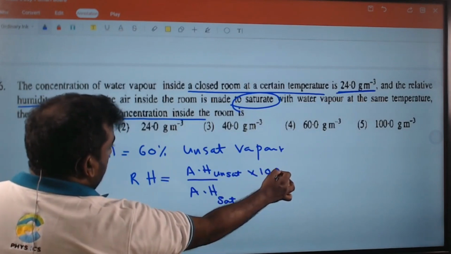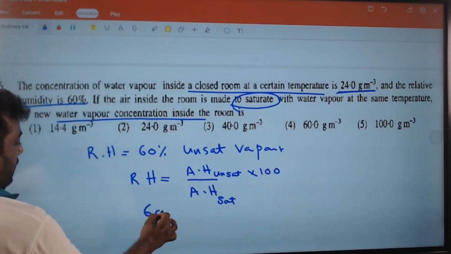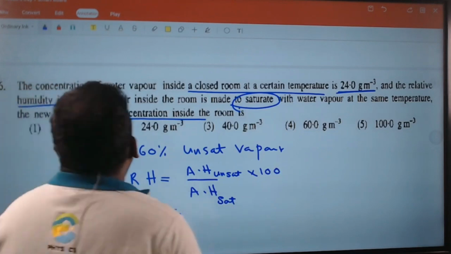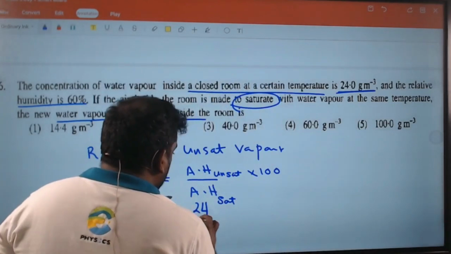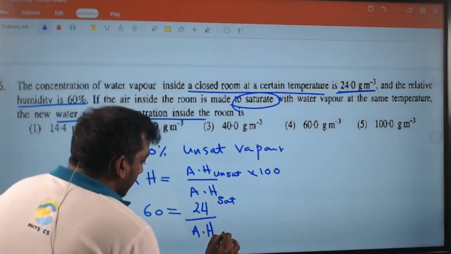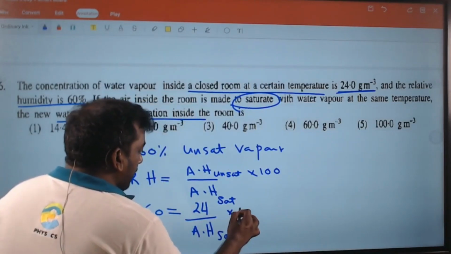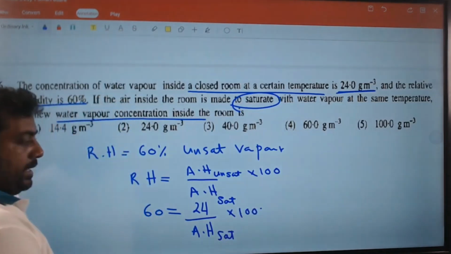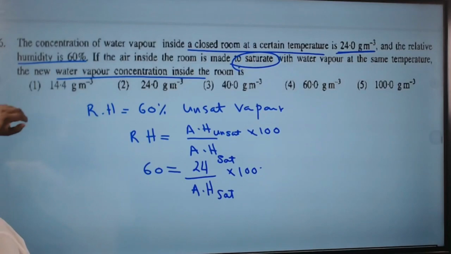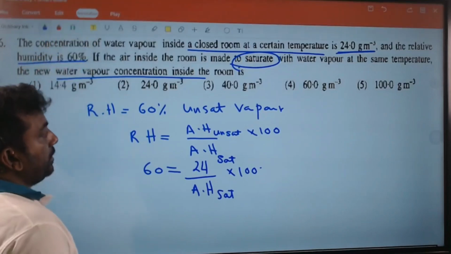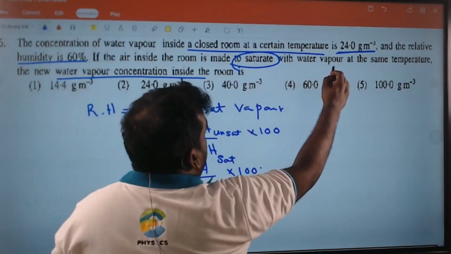Look at the board. RH equals 60%. Absolute humidity is 24. Absolute humidity at saturation, same temperature, into 100. Simplify this. So that's your rule, no?